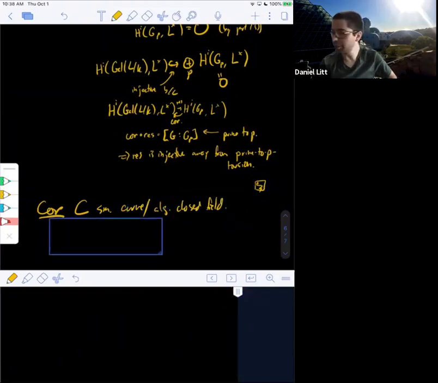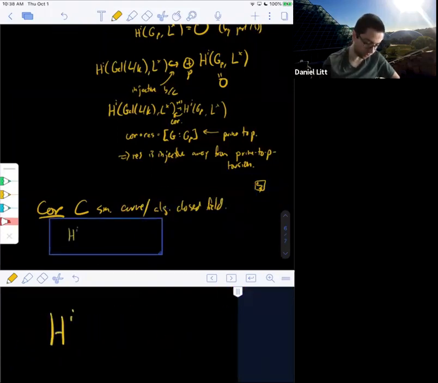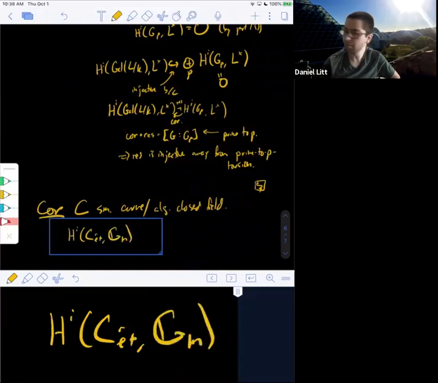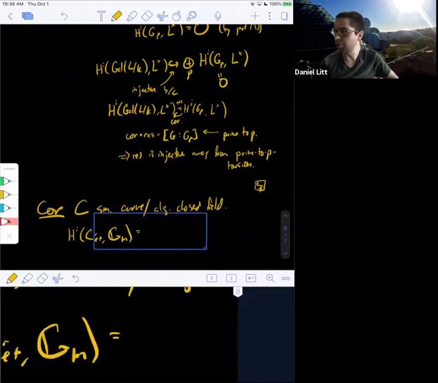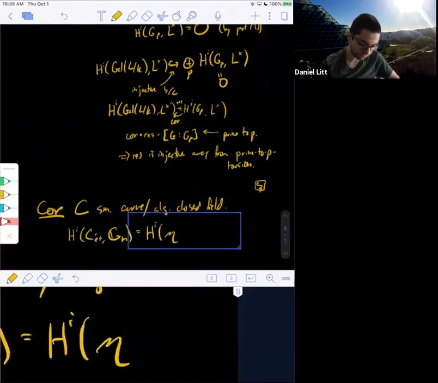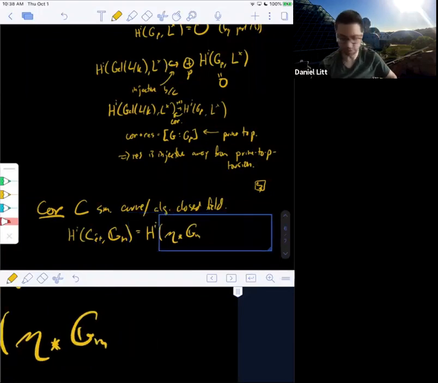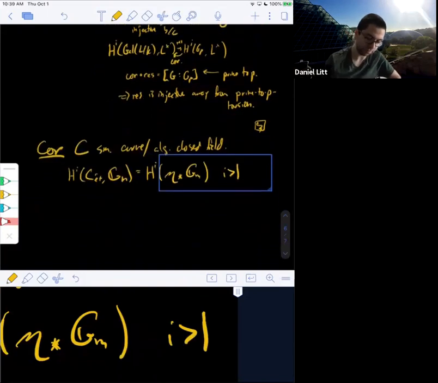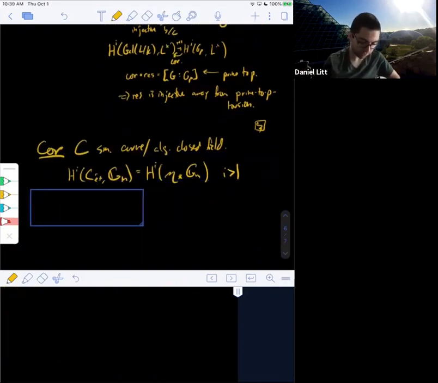So before we showed that the cohomology of C étale with coefficients in G_m, well, first of all, I claim this is equal to the cohomology of the pushforward of G_m from the generic point for i bigger than 1. Okay? Can anyone tell me why this is true?